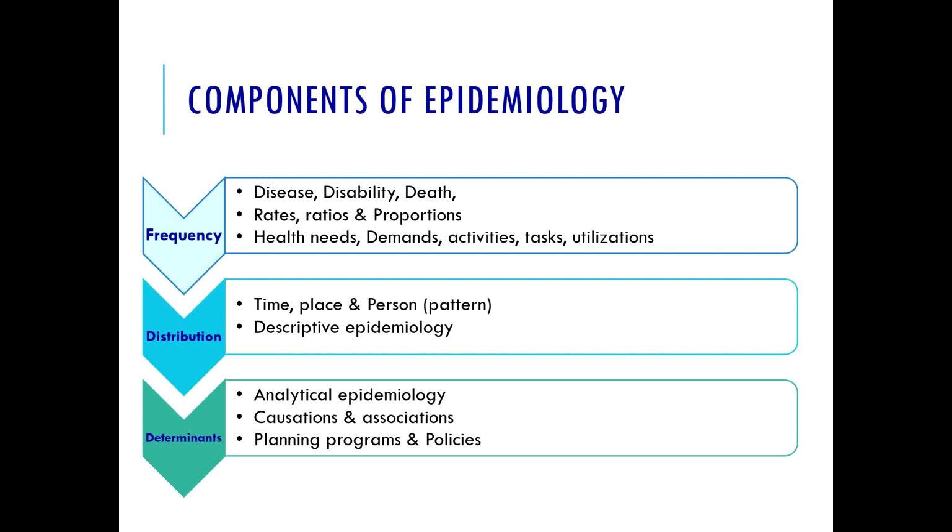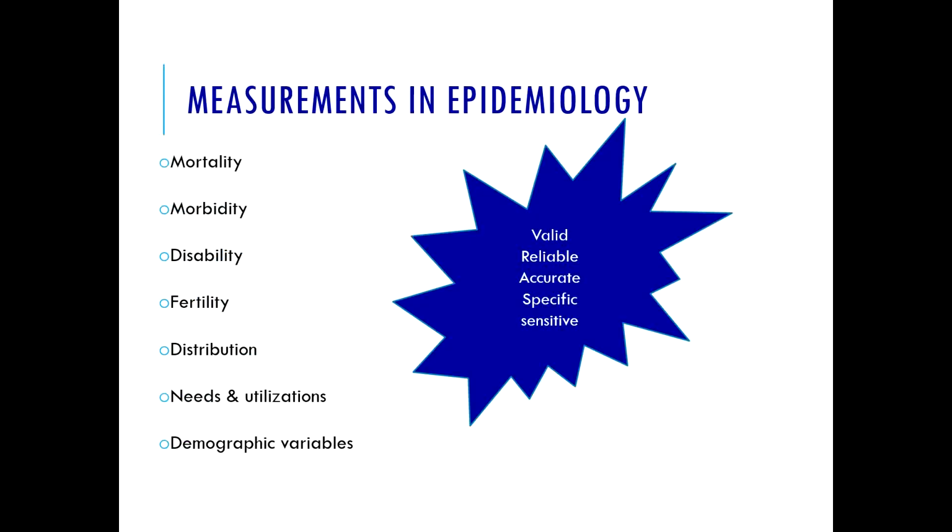So, going towards the frequency and calculation, the most important thing is that we calculate rates, ratios, and proportions. These indicators, which we want to measure, actually measure the mortality rate. It means, as epidemiologists, we are concerned about the number of deaths which are occurring in a community.